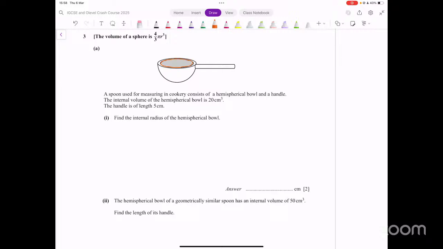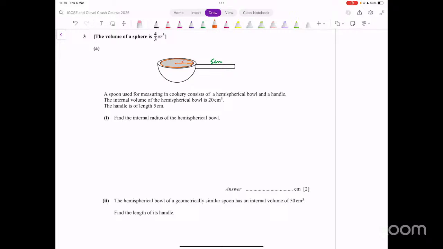You don't consider the radius as this whole thing. The radius of that inner hemisphere is just this part. The handle is of length 5 centimeters. So this length is 5 centimeters. Find the internal radius of the hemispherical ball. We need to find this internal radius.